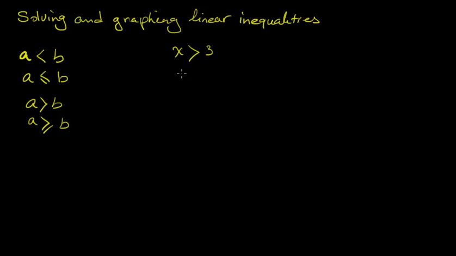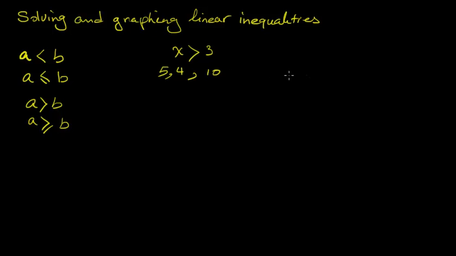Let's say we put 4 instead of x, or 5 instead of x, or 10 instead of x. All of them make this statement true. Also, we can show it on a number line.